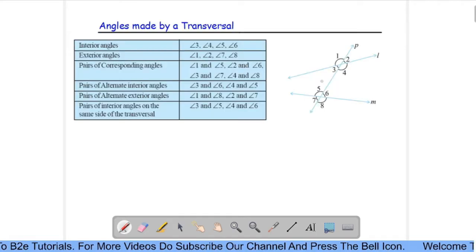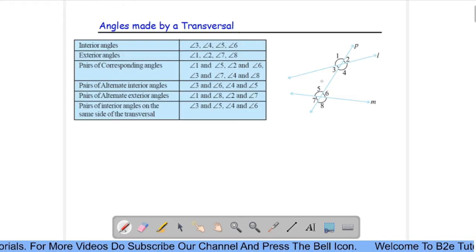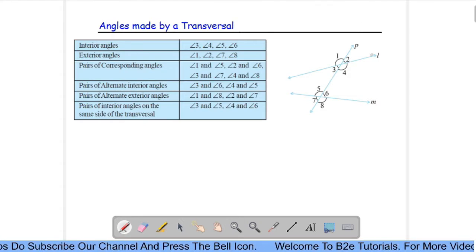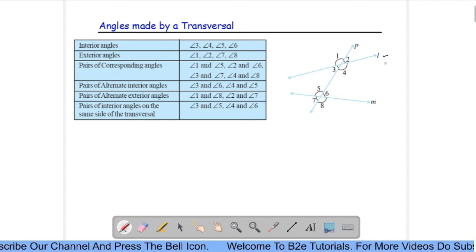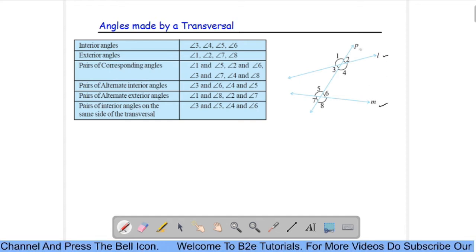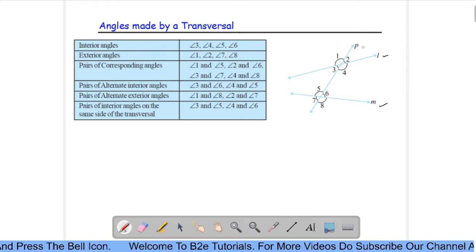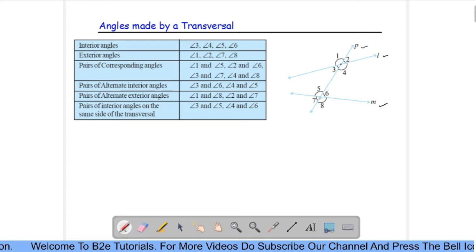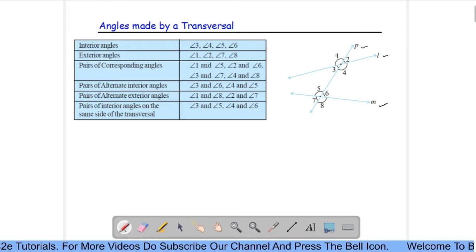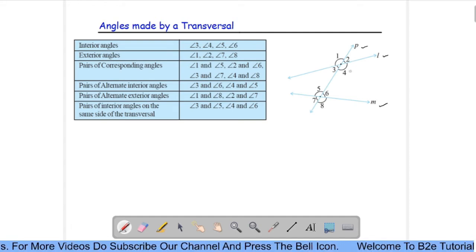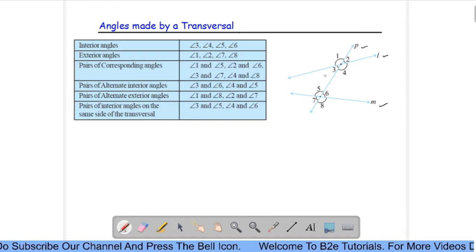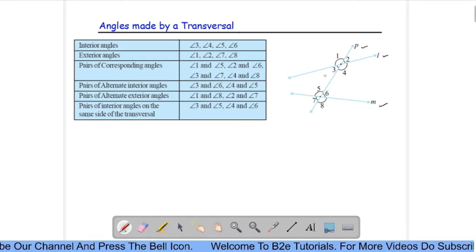Come to next. Now come to angles made by a transversal. See this figure. In this figure, lines L and M are intersected by a transversal P at this point and this point, forming 8 angles: 1, 2, 3, 4, 5, 6, 7, 8. Here, different types of angles are formed.